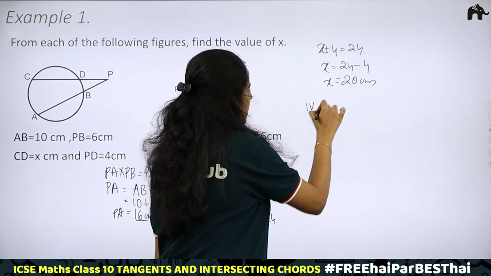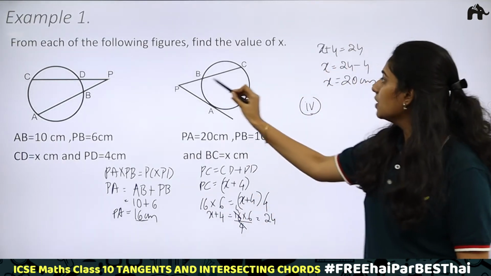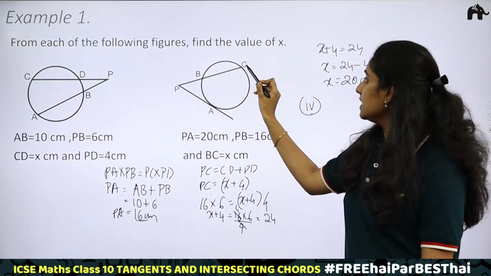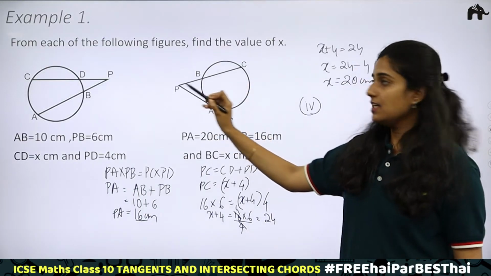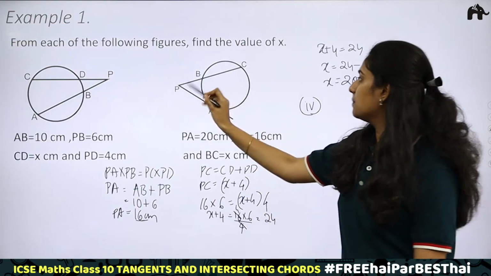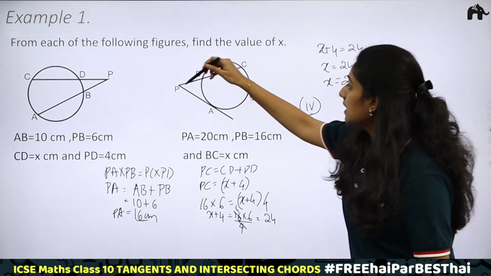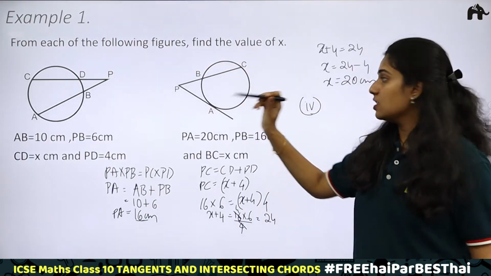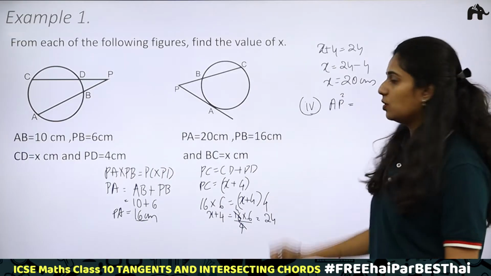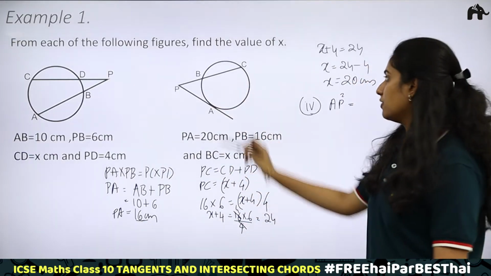Now the fourth figure. Considering the fourth figure, here we have chord BC and the tangent AP. When this BC chord is extended, the tangent and the chord extended meet at a point P. In that case, we'll be having the length of tangent square, AP square, equal to the product of the segments of the chord.